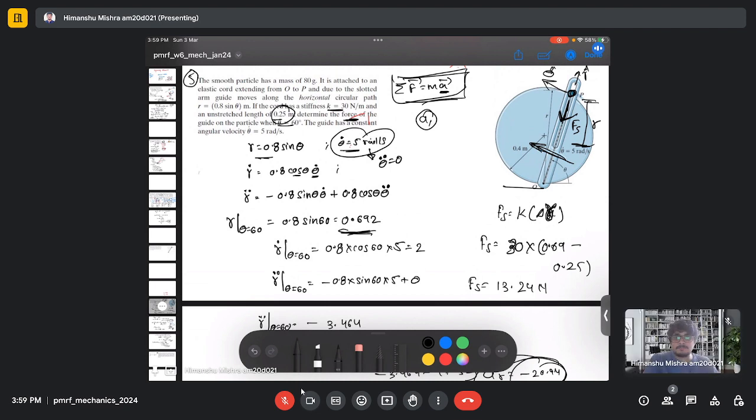So just to recap, here we are given a smooth particle of 80 grams, and we are given how the particle traces the path, which is given in terms of r equal to 0.8 sin theta. We are also given information about the force due to the spring, the stiffness of the spring, the angular velocity, which is 5 rad per second, and the angular displacement, which is 60 degrees.